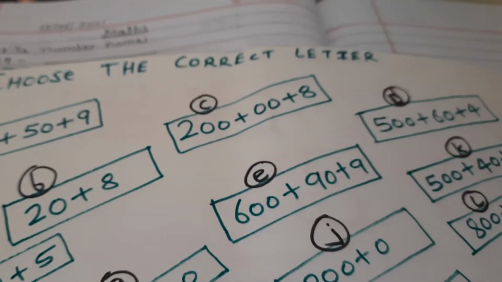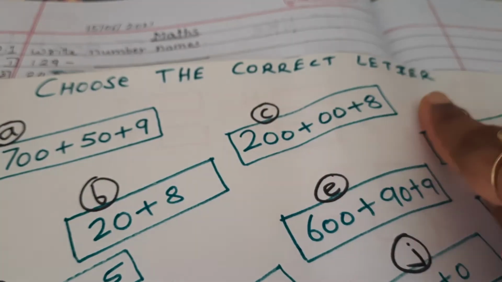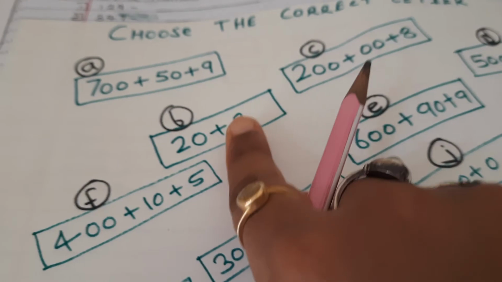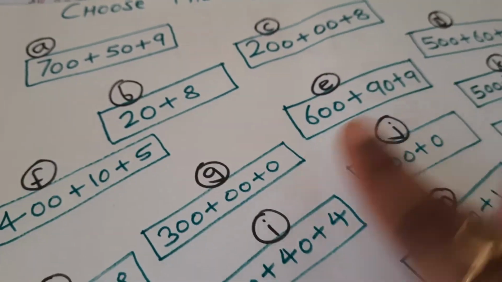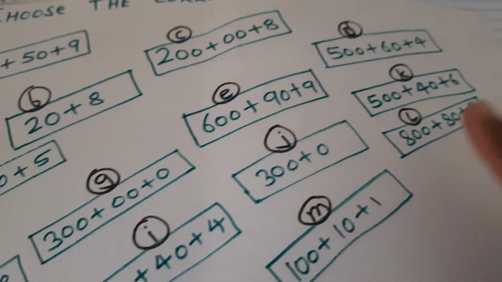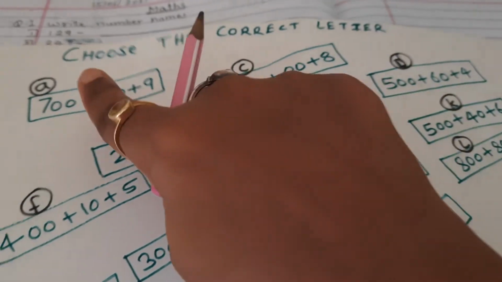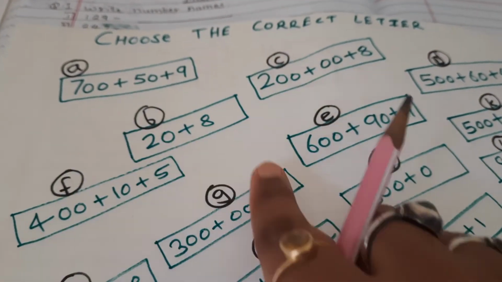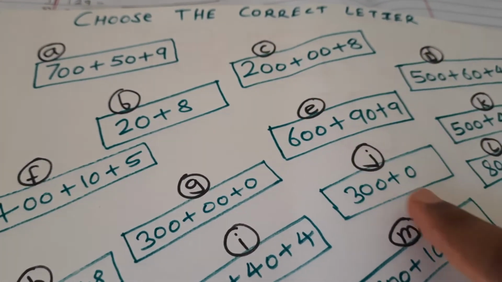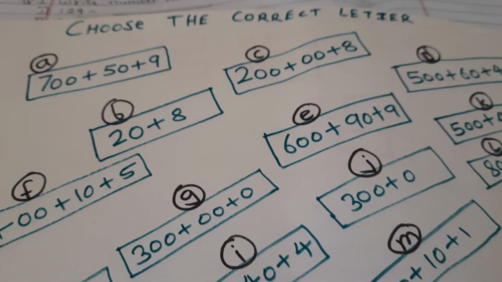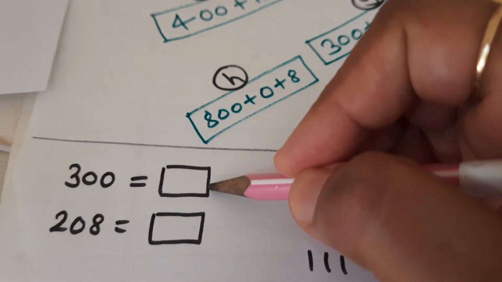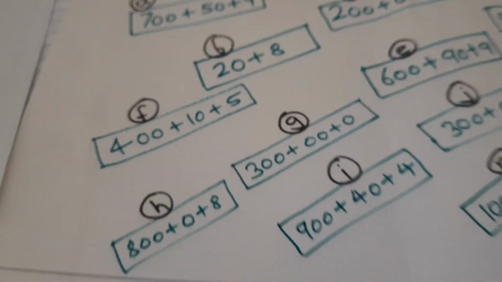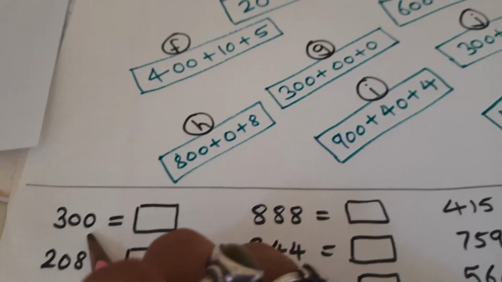Let's play an activity. You are going to choose the correct letter. Here the strips are given. In these strips expanded forms are written and all the strips are labeled with alphabets, that means with letters. So you are going to choose the correct alphabet and write that letter in the box. Here the number 300 is there.